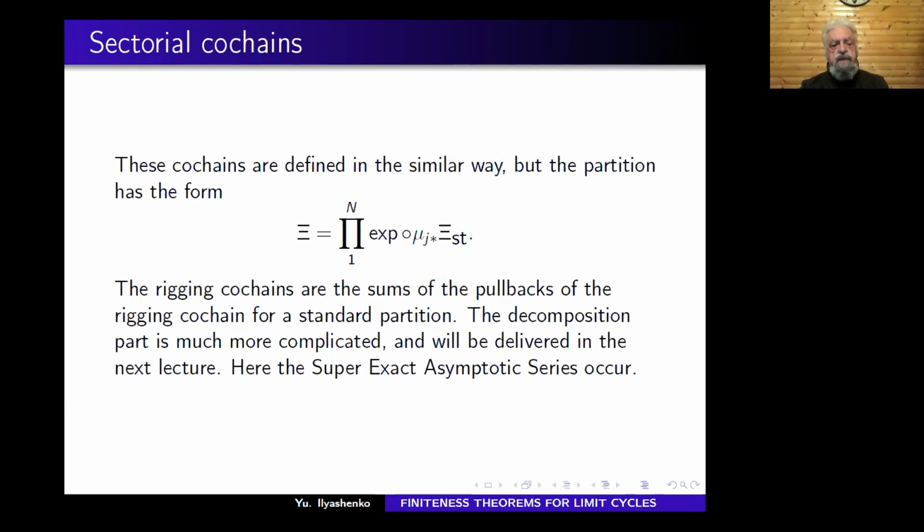So this is a partition by rays that come from 0, and the number of domains of the sectorial partition is finite. And the rigging cochains are pullbacks of the rigging cochains for the standard partition. And the decomposition is much, much more complicated than the decomposition into Dulac series. This is a decomposition into so-called super exact asymptotic series that I will discuss in the next lecture.